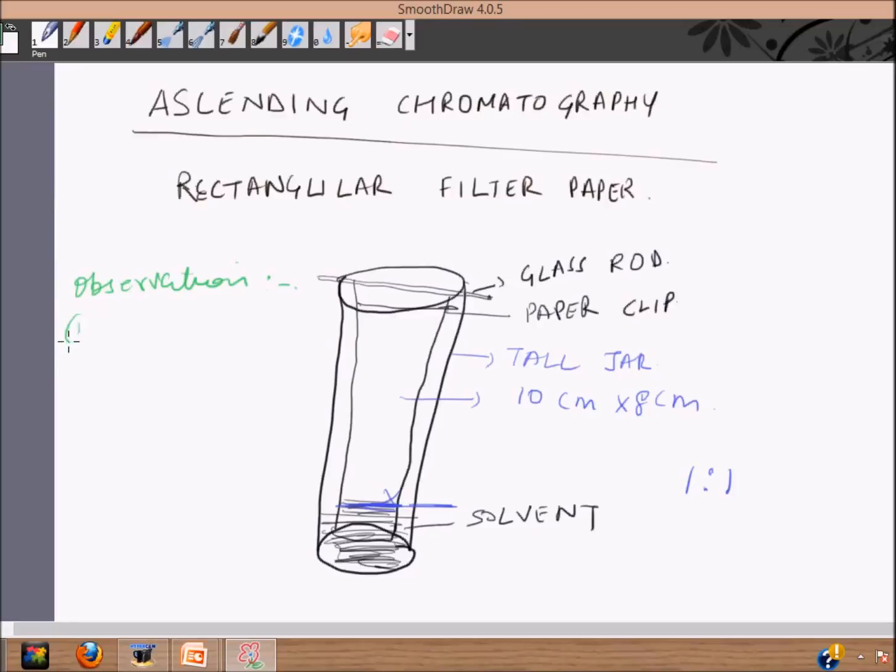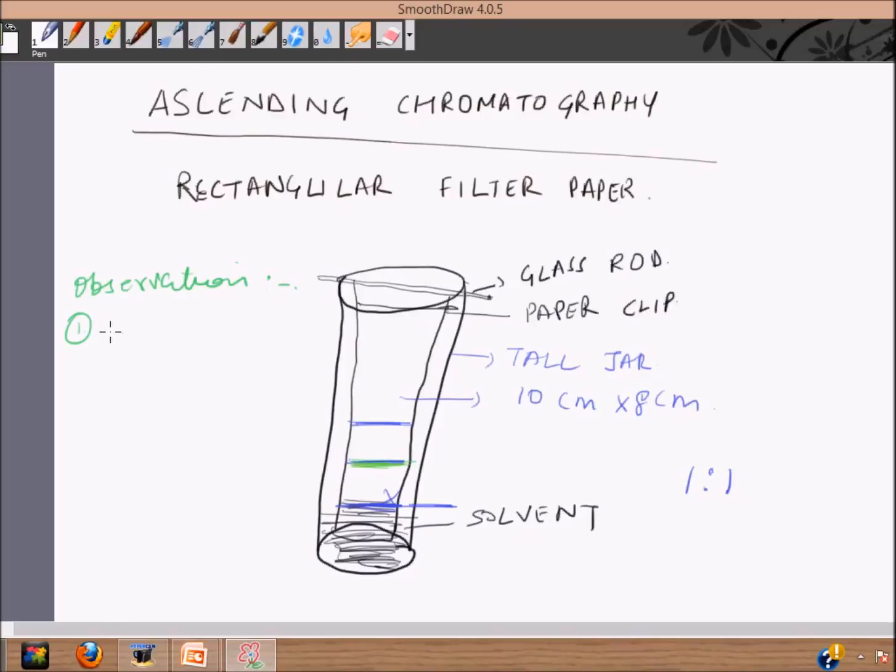What happened in this experiment? Two colored lines are seen at different heights, like this. These are the two colored lines, right?